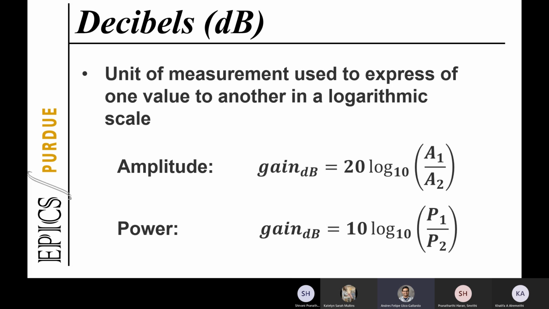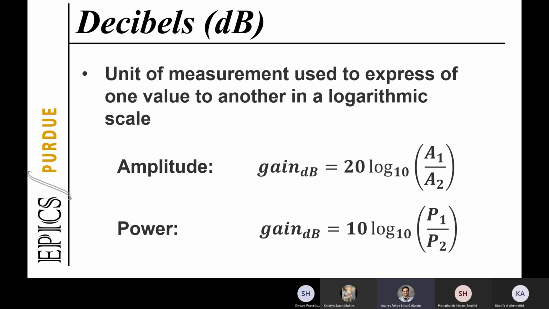If we were to look at the gain in decibels, which uses the abbreviation dB, if we're looking at the ratio of amplitudes, then we take 20 times the logarithm base 10 of the ratio of the amplitude. However, if we are looking at the ratio of power, then it's not 20 times the log 10, it's only 10 times.